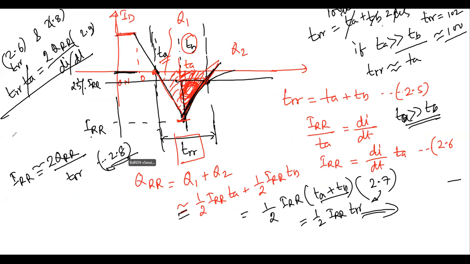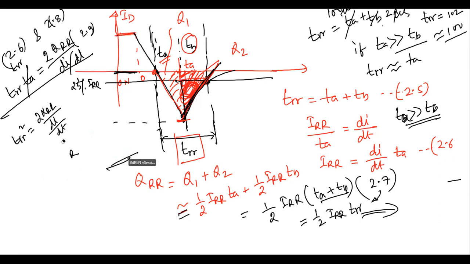Okay, from here, this is your TRR square, which will be 2QRR di by dt. From there, you can find out TRR. Let me erase this part and show you. So TRR will be the root of 2QRR divided by di by dt.